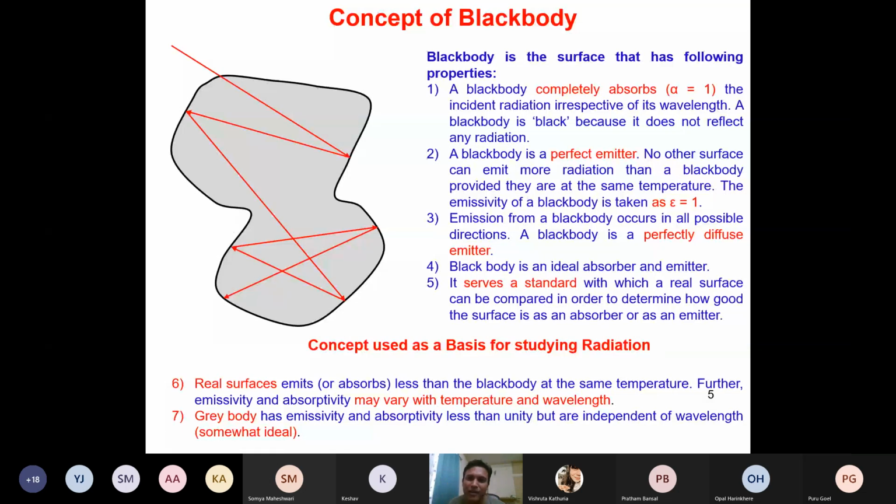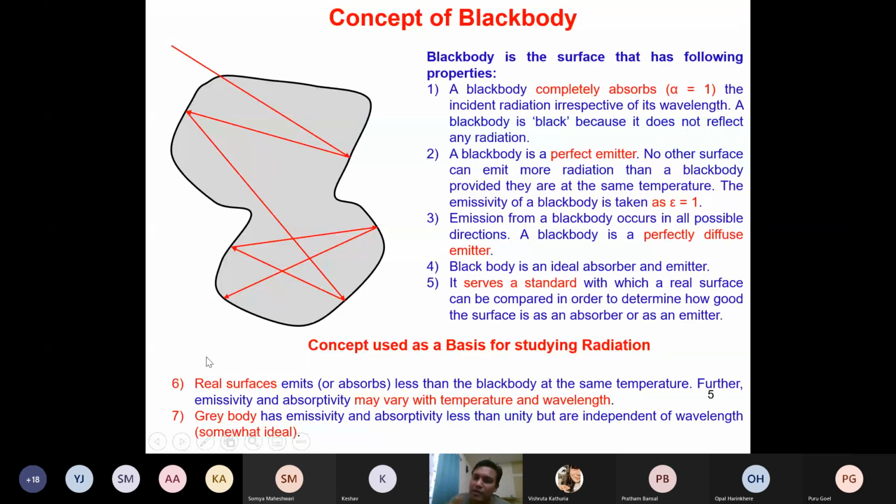In a gray body, emissivity and absorptivity are less than unity. So unlike the black body, where the absorptivity and emissivity are equal to 1, in a gray body they are less than 1. But unlike real surfaces, these are independent of wavelength. So gray bodies are somewhat ideal. These are not ideal. Ideal is a black body. Okay.